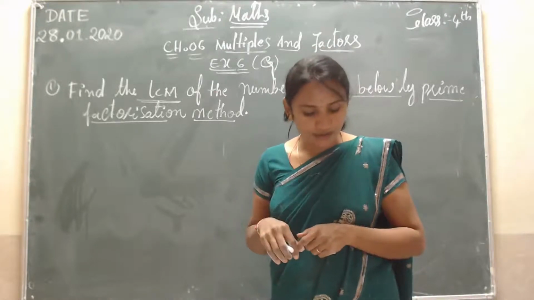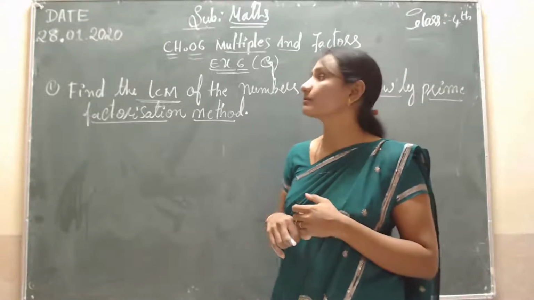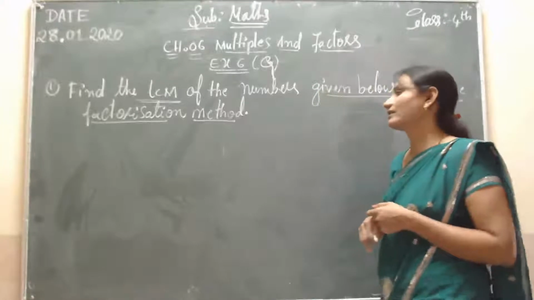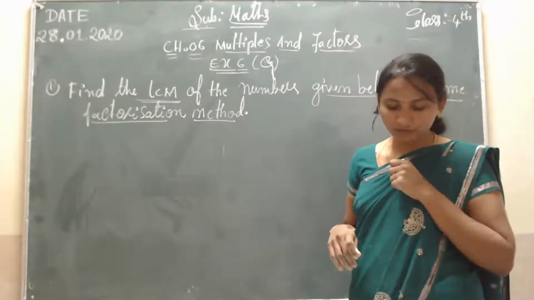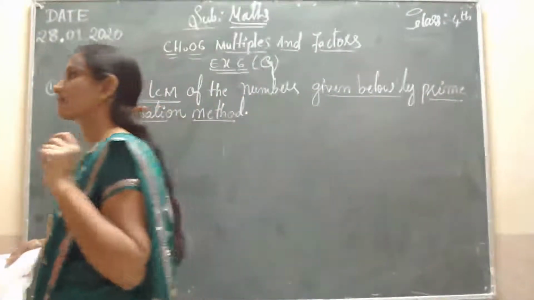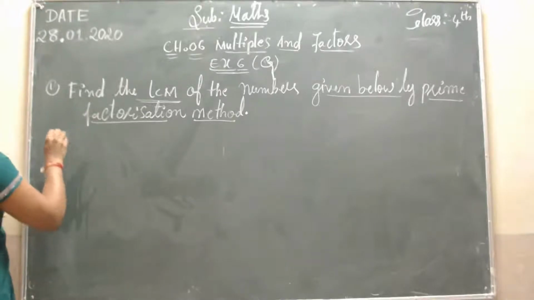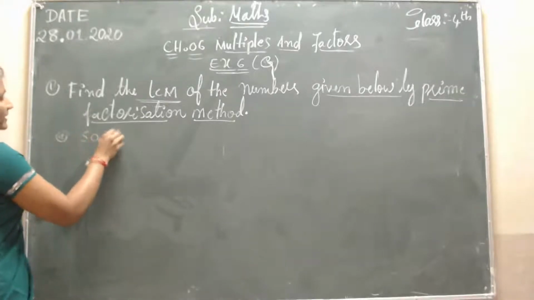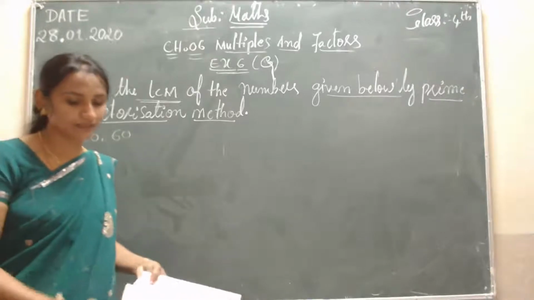So see, students, how to find the LCM by the factorization method. The first question is 50 and 60. Yesterday I already showed one example of this kind.